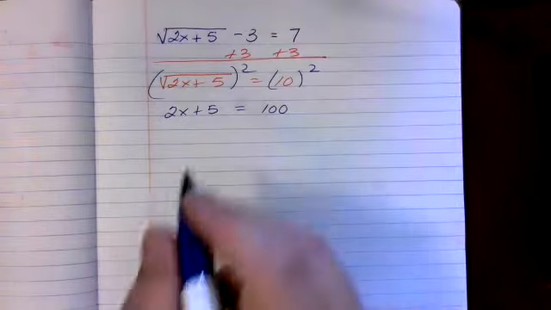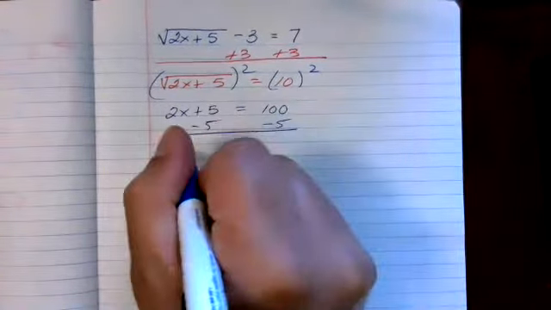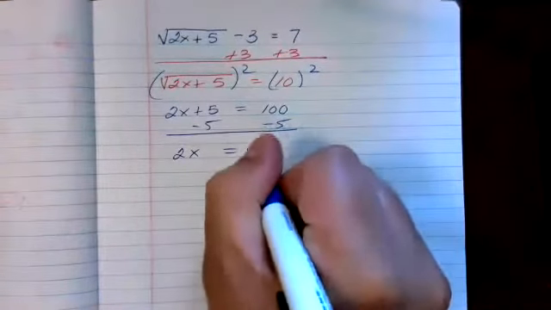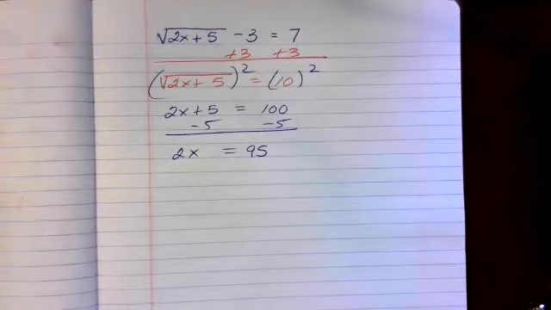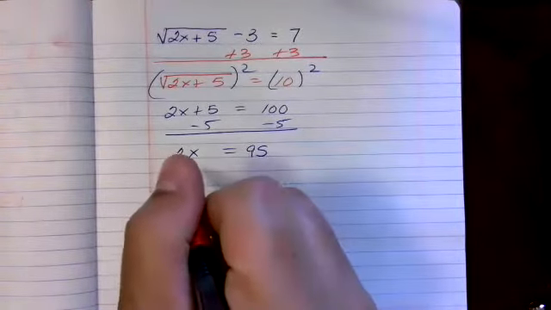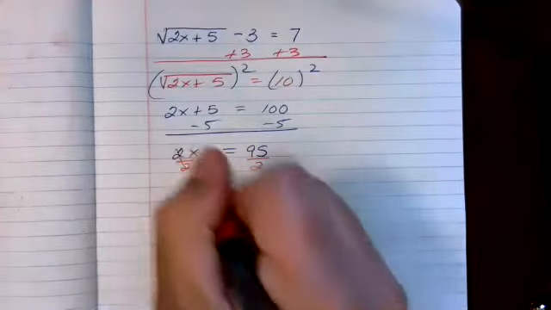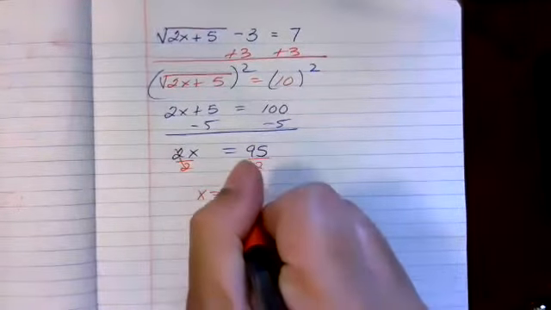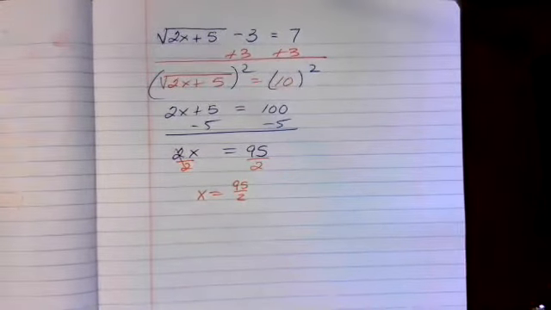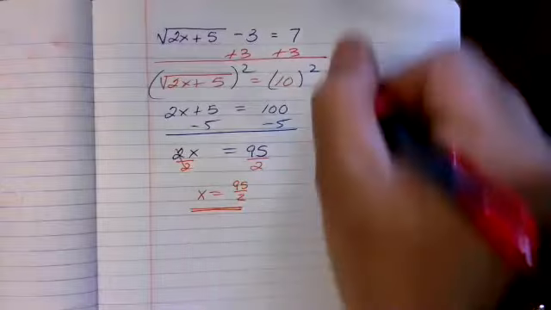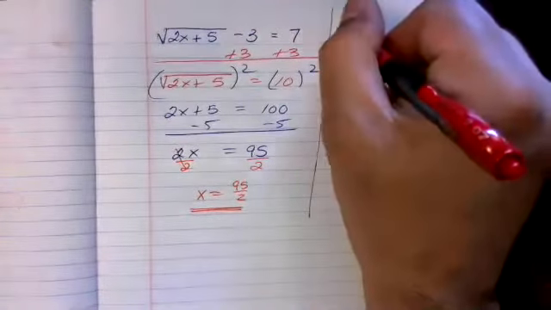I want to get x by itself, so I subtract 5 from both sides. It looks like I'm going to have 2x is equal to 95. I want to remove that 2. It's attached by multiplication, so I'm going to divide both sides by 2. I have x equals 95 over 2. Is that a solution? Well, I can check it by plugging it in.